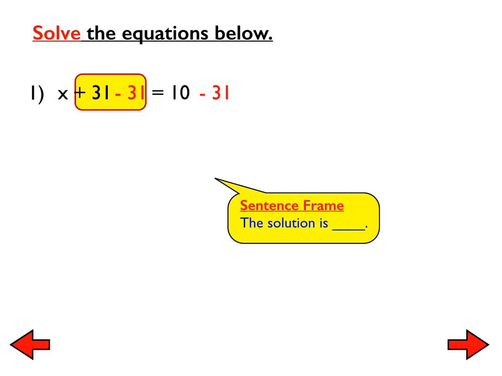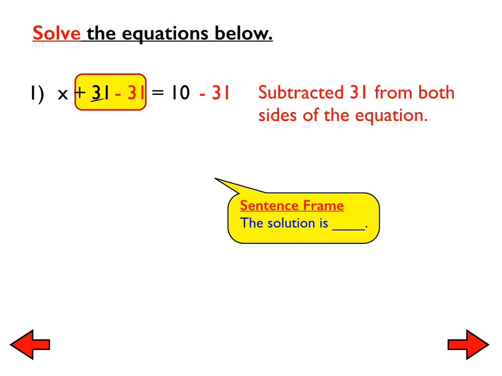So now, what happens is those two things, if we want to think of it this way, they cancel each other out. So can you cross those two out right there? Positive 31 and negative 31 make 0. In other words, they cancel each other out. So on the left-hand side, we are only left with one thing now, and that is x.